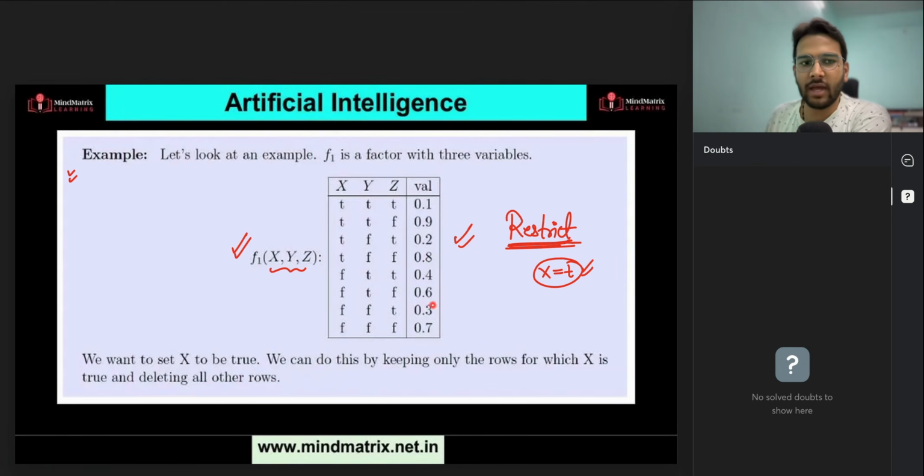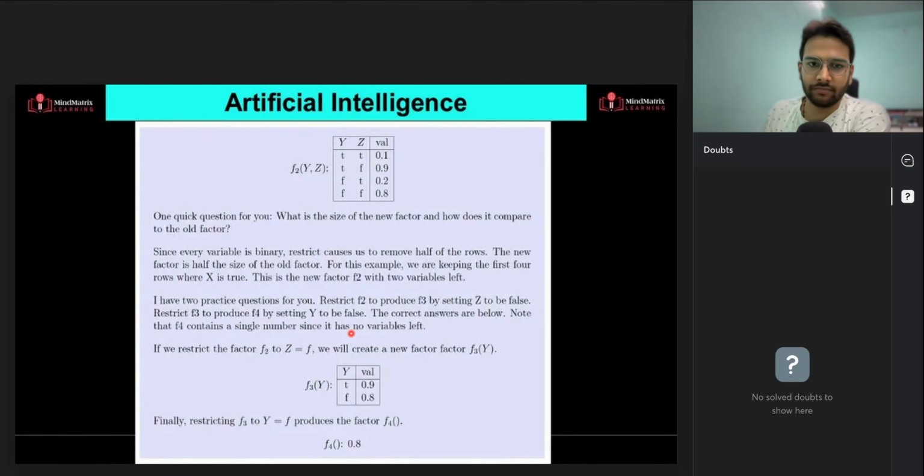As simple as that. As you can read here, we want to set x to be true. So I'm restricting x as true. We can do this by keeping only the rows for which x is true and deleting all other rows. That means I can just consider these above 4 rows. So once I restrict it, I will be getting this one.